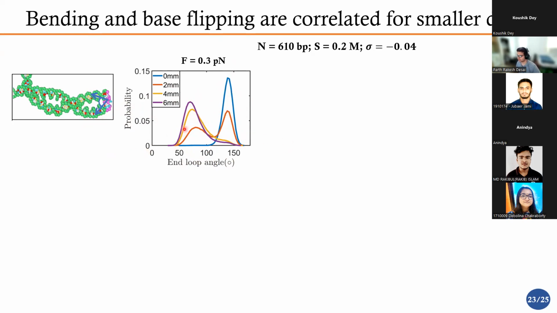So we found that you can actually observe this base flipping using the plectoneme end loop, because you can see a direct correlation between the base being flipped in and being flipped out. And as you increase the force, you would expect that for the 2 mismatch case, in this bimodal distribution, the peak corresponding to the intact DNA goes down because it's intact for a lesser amount of time, and the peak corresponding to the locally melted DNA goes up because it's more and more melted as you increase the force.